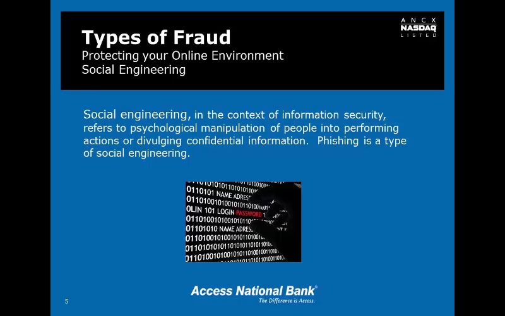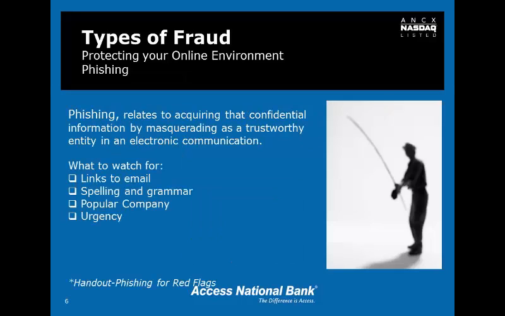So what's the definition of social engineering? Social engineering, in the context of information security, refers to the psychological manipulation of people into performing actions or divulging confidential information. Phishing is a type of social engineering. Typically, phishing acquires your confidential information by masquerading as a trustworthy entity, possibly your bank, your retailer, or another person sending you an email.